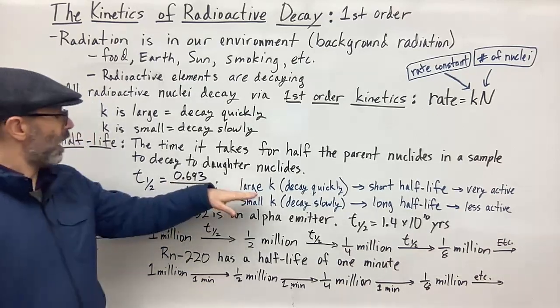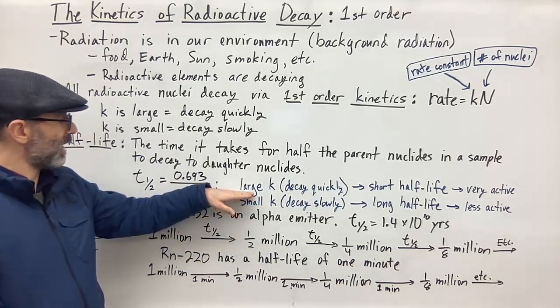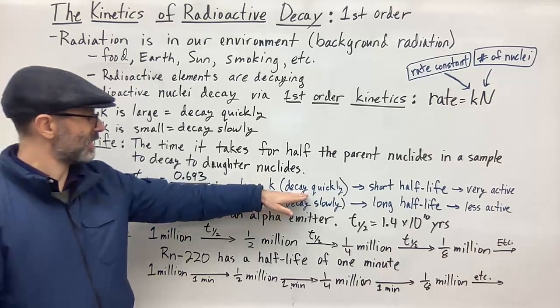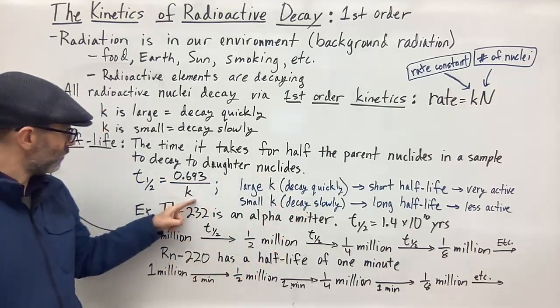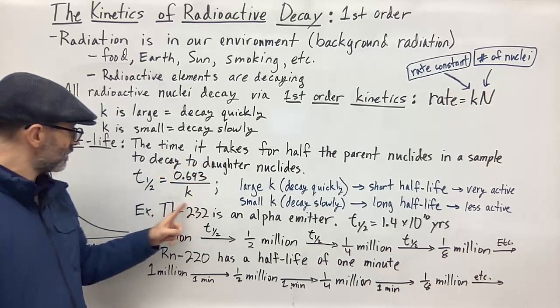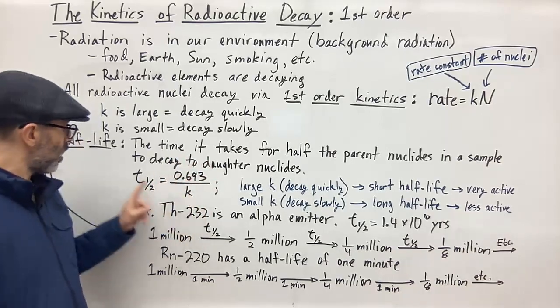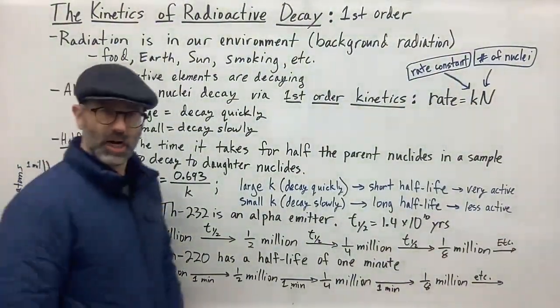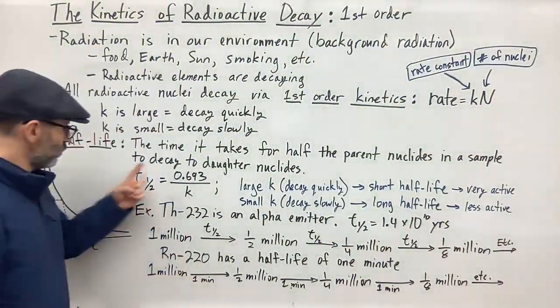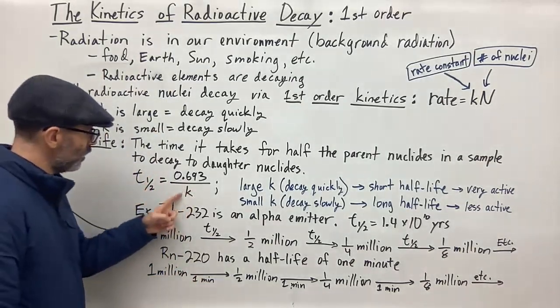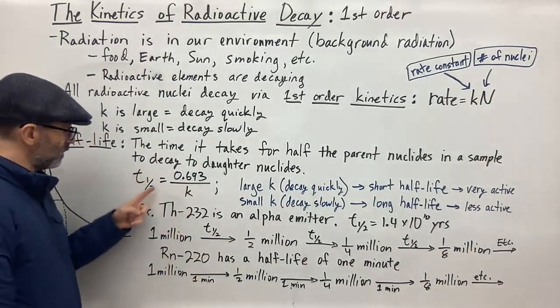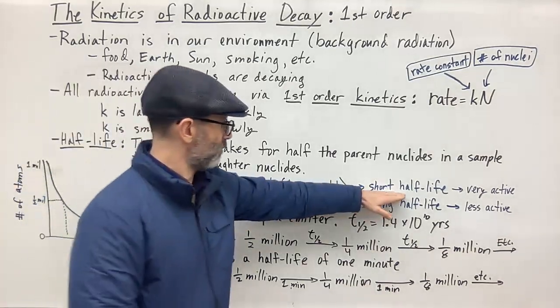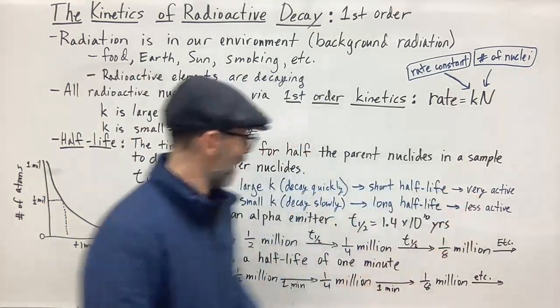So again, if the rate constant is large, meaning that it decays quickly, then the ratio is going to be small. So if k is large, then that means that the half-life is going to be small. So a short half-life means that it's going to be very active.